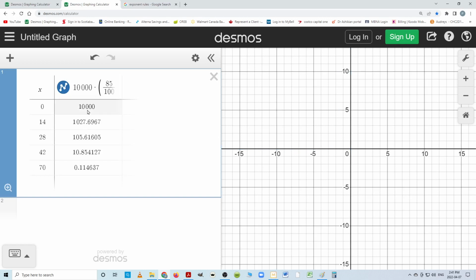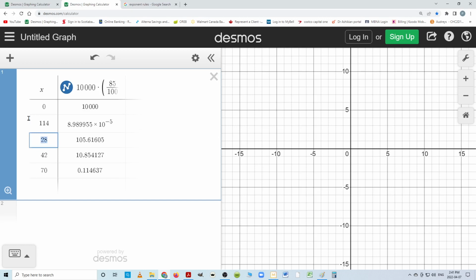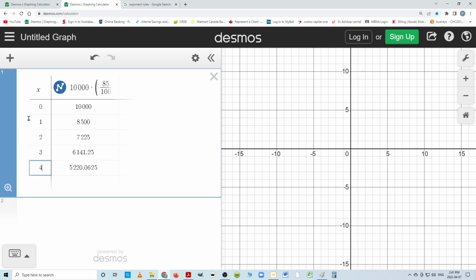So you can see in the first year, oh, and I have to go 1, 2, 3, 4. You can see in the first year my car's 10,000, but after 1 year my car has gone down in value. And let's see, it's even worse. It's down to this value, and the next year it's down to this value, and down to this value, and then to this value.